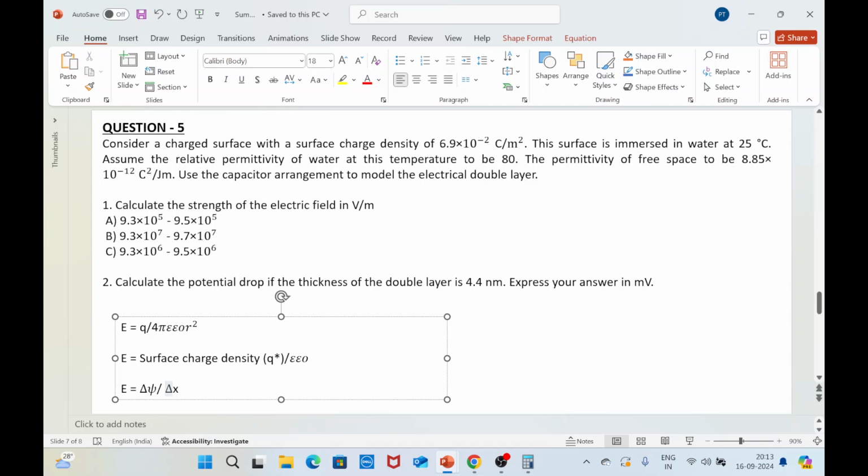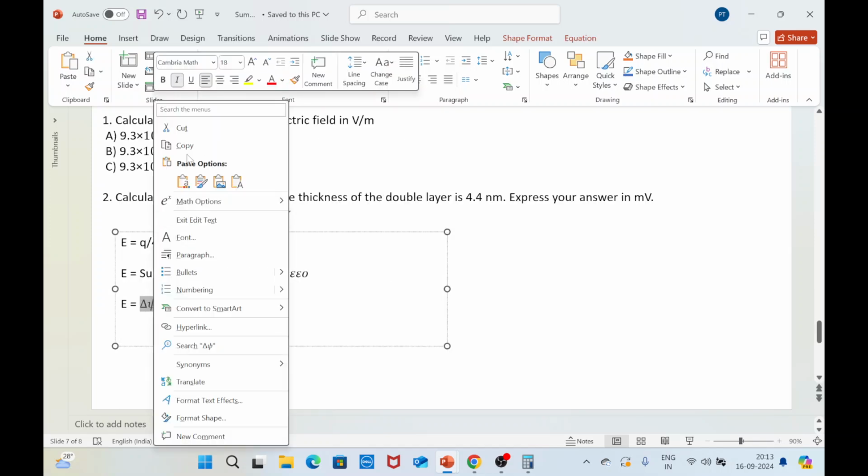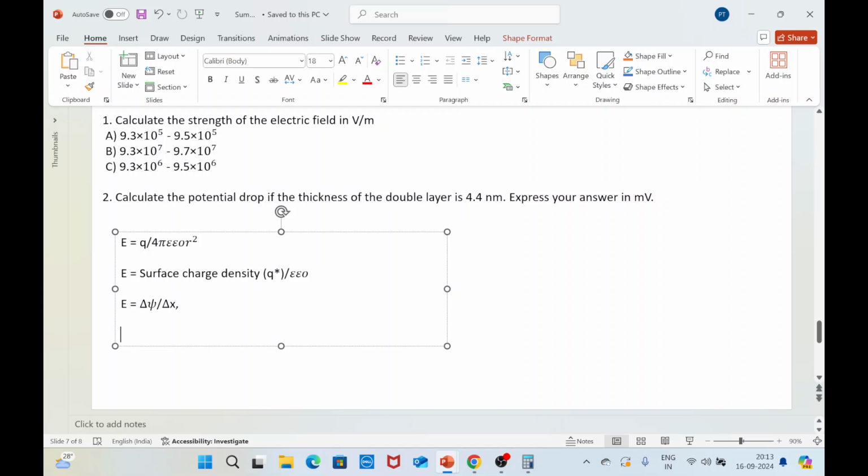Delta x is going to be the thickness of your double layer. So once you know the value of E, you will get the value of delta psi, or the potential drop.